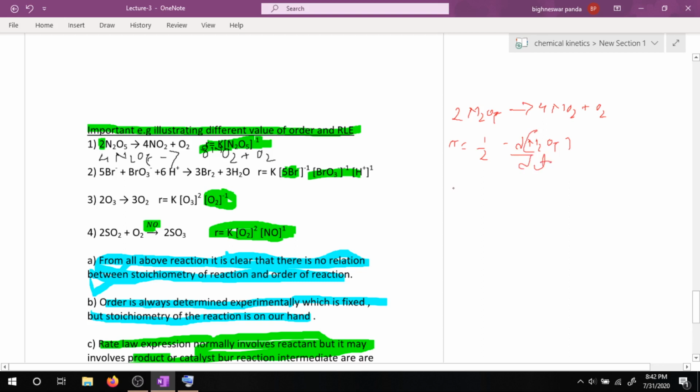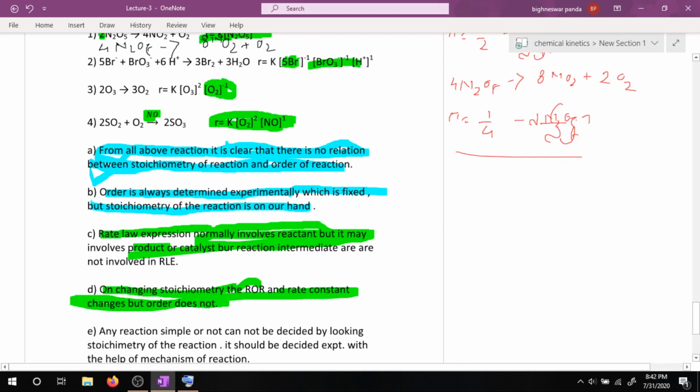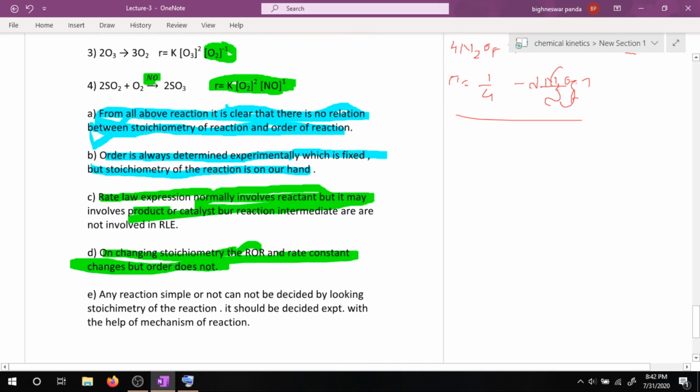By changing the stoichiometry, 4N2O5 gives rise to 8NO2 plus 2O2. Here I can write rate is equal to 1 by 4 of minus d[N2O5] by dt. By seeing this case and this case, I can say that on changing stoichiometry of the reaction, the rate of reaction and rate constant change, but order does not change.